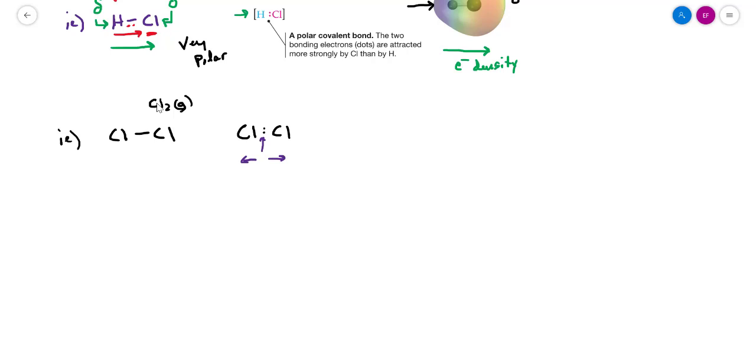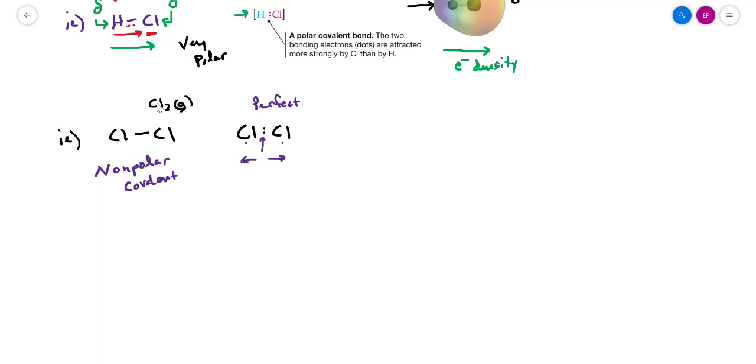It's equal and opposite. So this is a perfect share. There's an exact sharing of those electrons between these chlorines. And so this is the opposite example, where we'd say this is a nonpolar molecule. There is no partial positive or partial negative character because it's exactly the same atom on both sides of the bond. And so we'd call this nonpolar covalent.